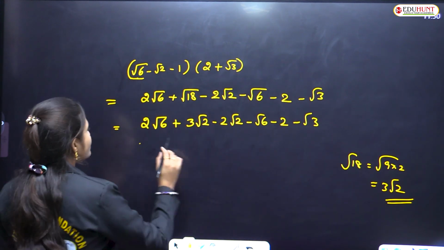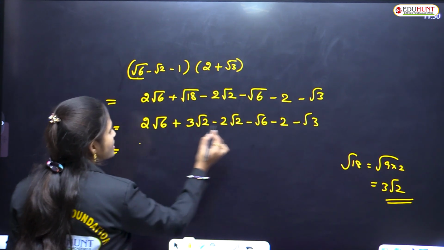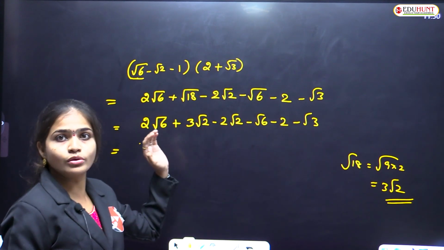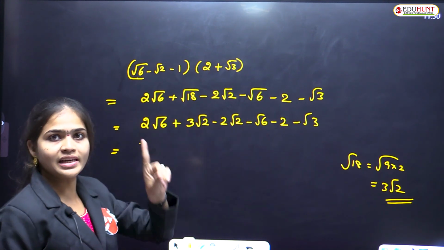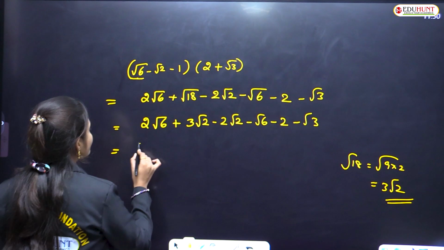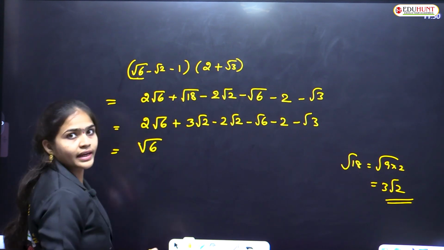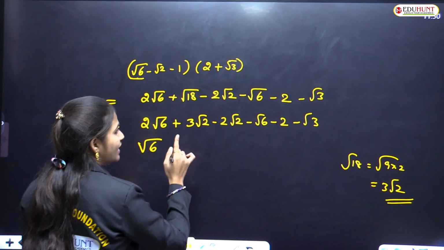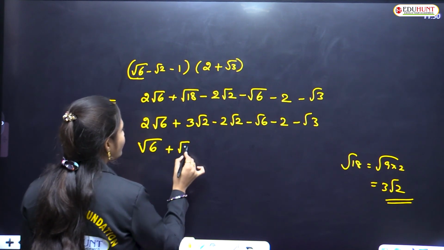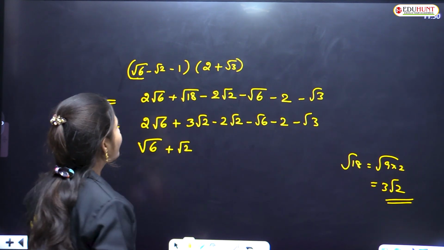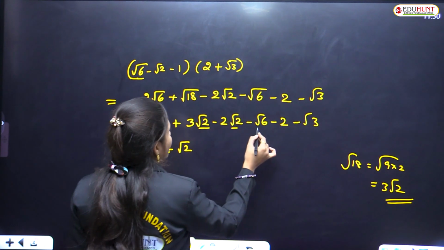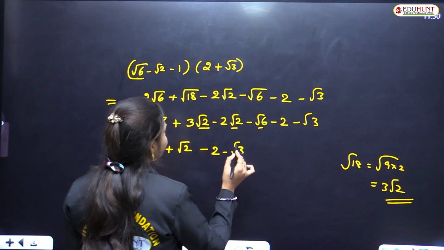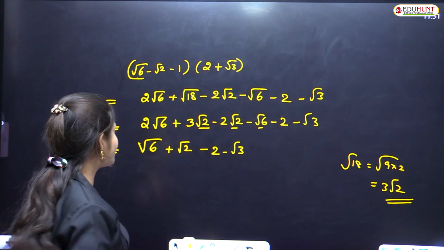Okay, clear? So here 2 root 6 minus root 6. Here 1 time is there, here 2 times there. So 2 times minus 1 time, we are getting only 1 time, that is root 6. Next root 2. Here 3 times there and here 2 times there. So we are getting only 1 time, that is root 2. So root 2 completed, root 6 also completed. Next, minus 2 minus root 3.